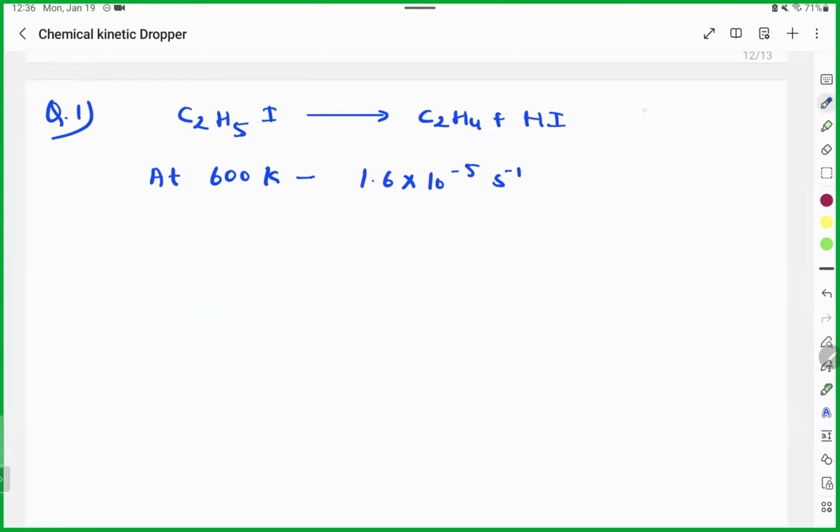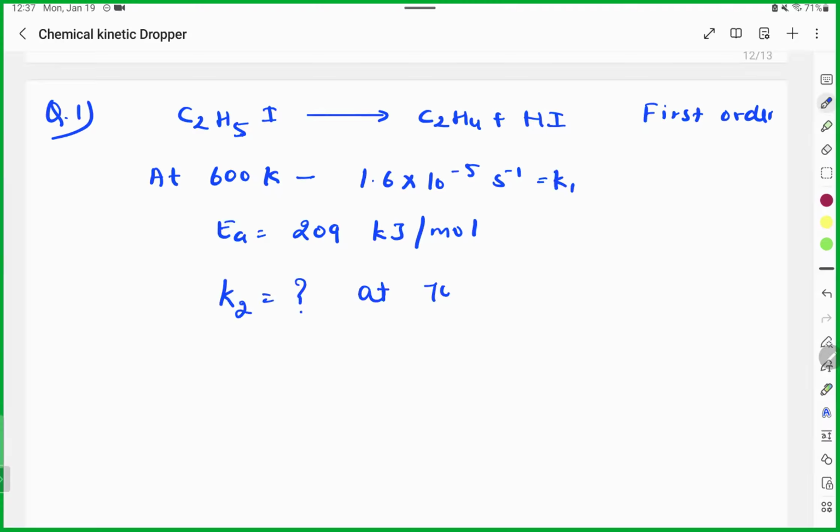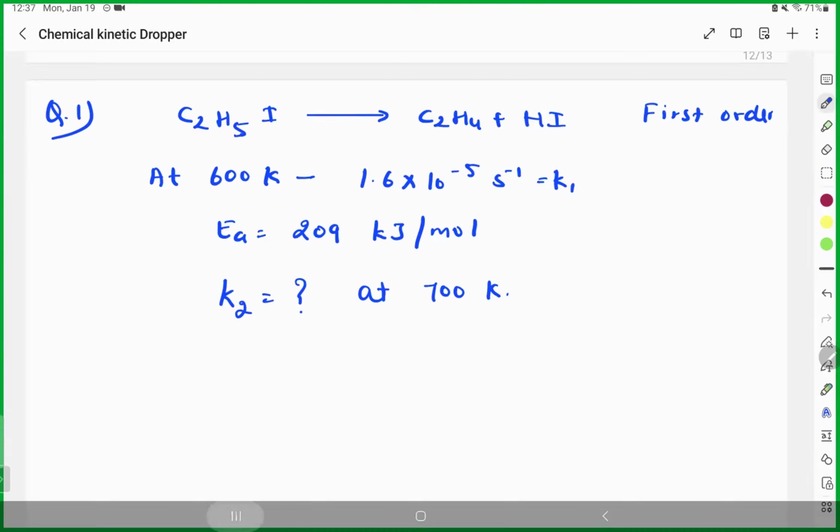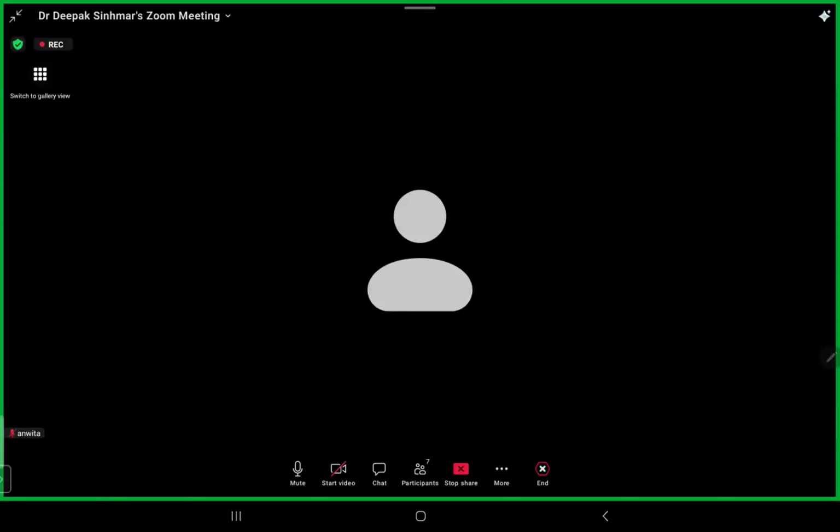Remember, this is a first order reaction. Activation energy is 209 kilojoule per mole. Let's take this as K1. You have to calculate the K2 value at 700 Kelvin. Do it and I'll be back in 2-3 minutes.